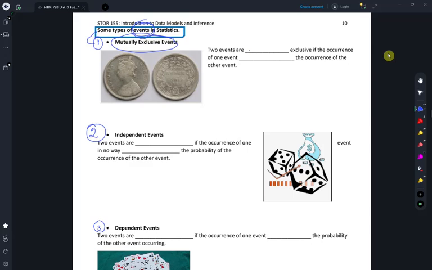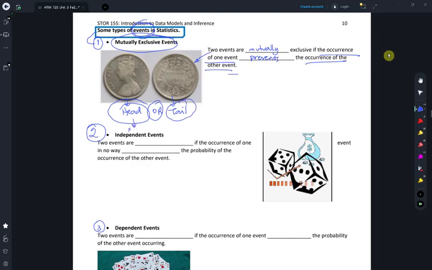Two events are said to be mutually exclusive if the occurrence of one event prevents the occurrence of the other event. I have a picture here where you have the head of a coin and the tail of a coin. You would likely agree with me that if you were to toss this coin once, you are going to get either a head or a tail.